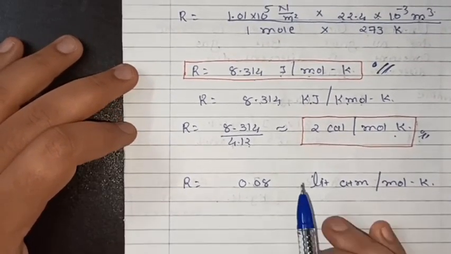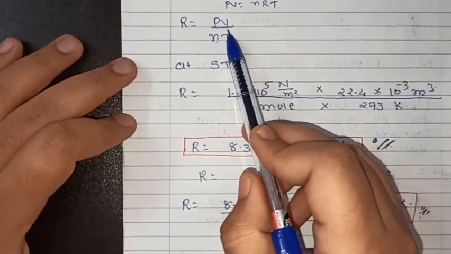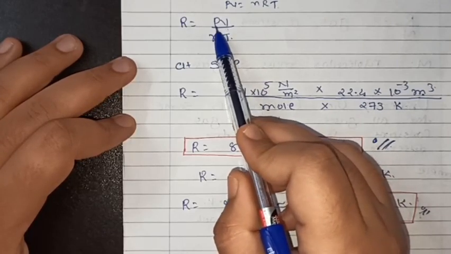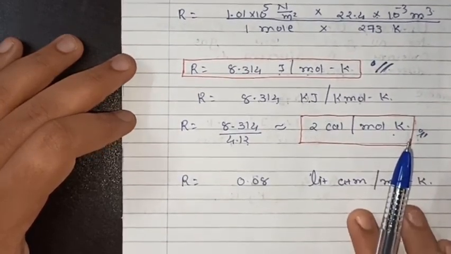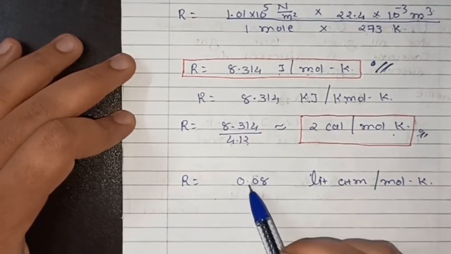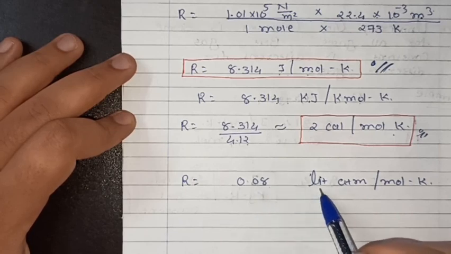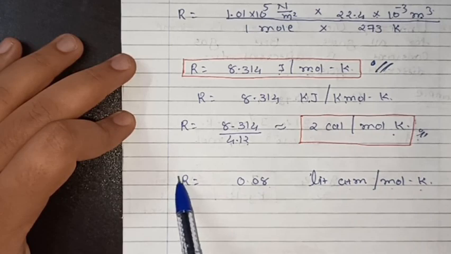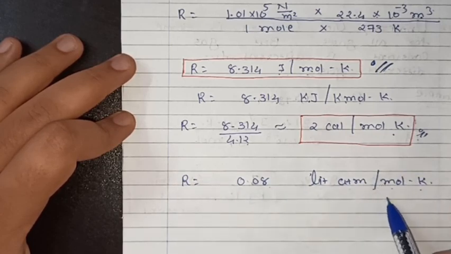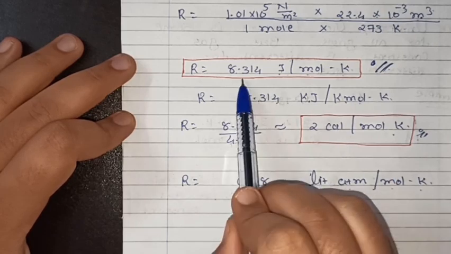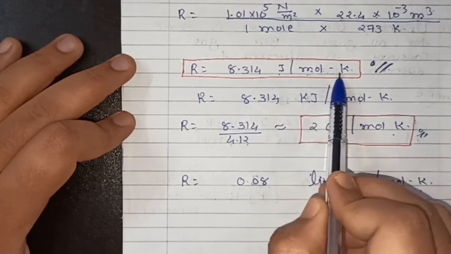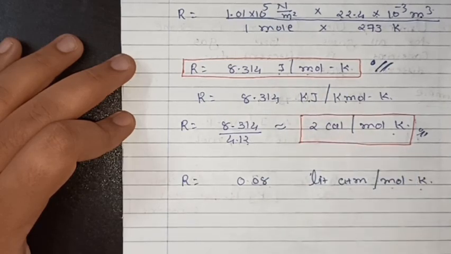If we consider volume in liter and pressure in atmospheric pressure, then the value of R will be 0.08 liter atm per mole Kelvin. In physics, we are not using this value very much. This is used in chemistry. We will mostly use this 8.314 Joule per mole Kelvin or 2 calorie per mole Kelvin.